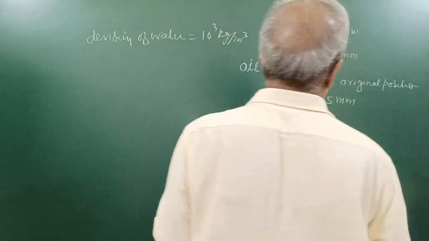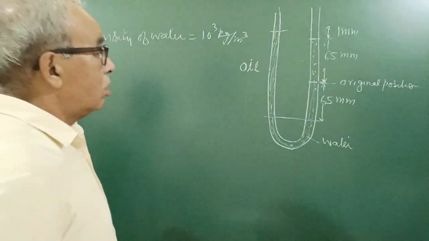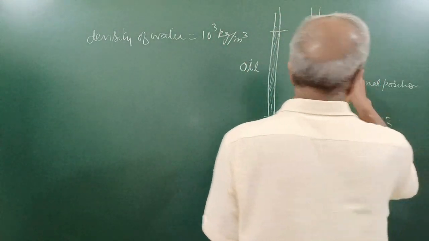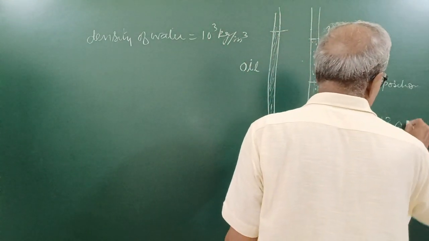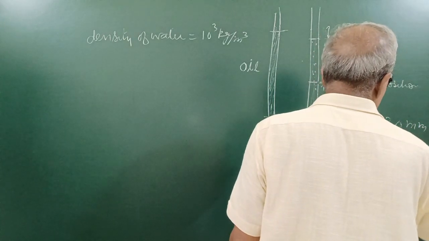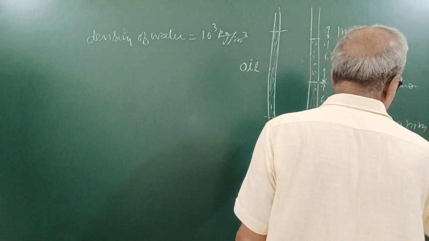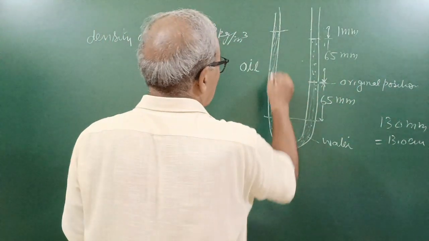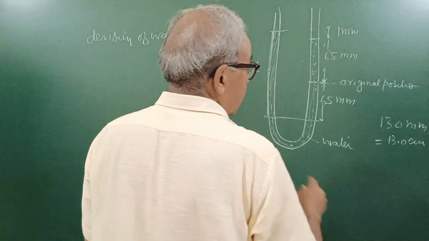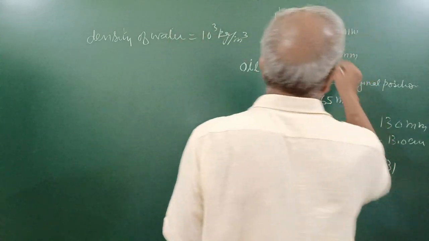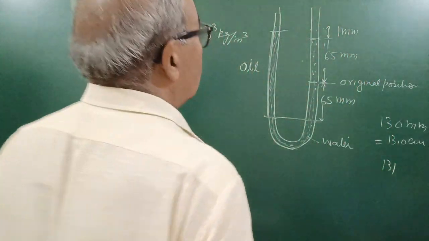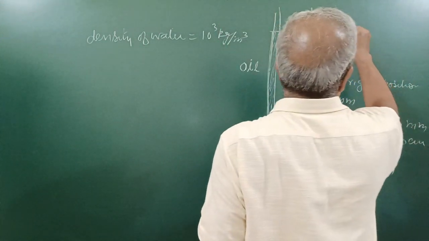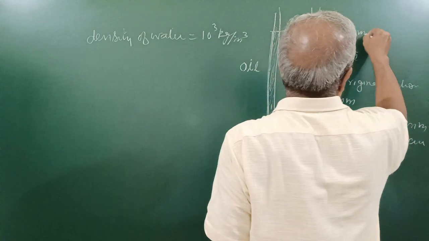The height of the water column is 130 millimeter, or you can say 13.0 centimeter, and the height of oil is 131 because it is 1 centimeter, sorry, 10 millimeter above. 10 millimeter, यानी 1 centimeter.